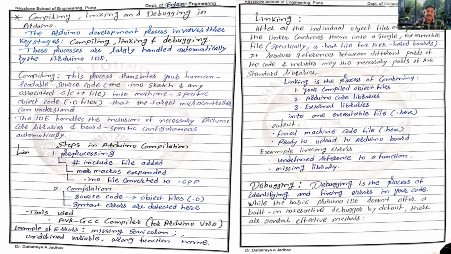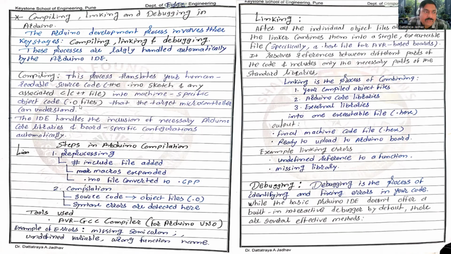So compiling translates your human-readable source code, that is whatever you type into a sketch or any associated C or C++ file, into machine-specific object code, that is the .o file, an object file.